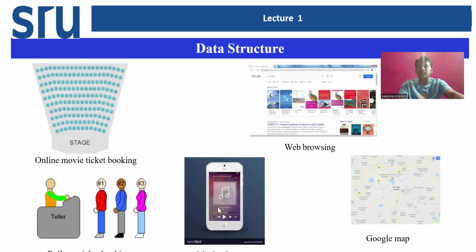We have to follow a sequential or structured way. Web browsing also follows a structured way. Google Map is also an example of a data structure. Online movie ticket booking, railway ticket booking, music player, web browsing, and Google Map are all examples of data structures.